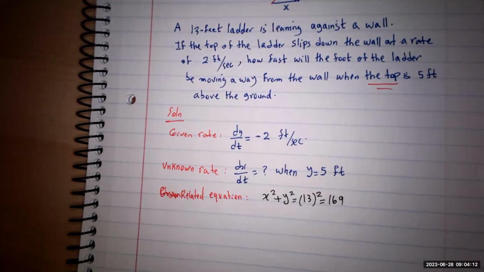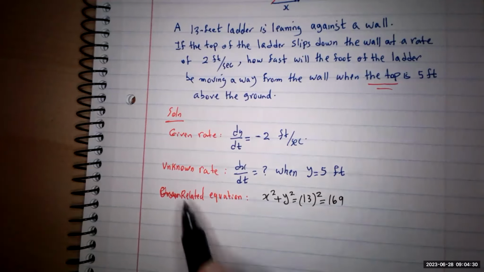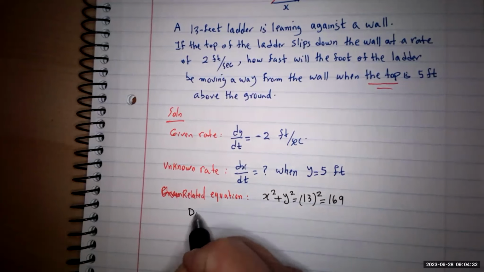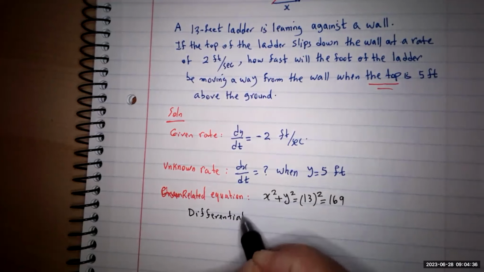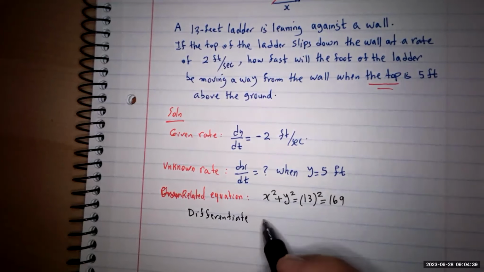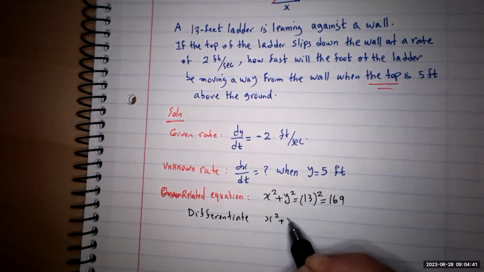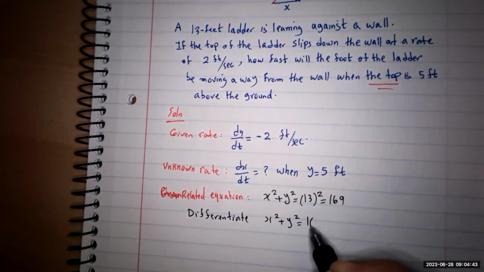So we are ready. What we are going to do is differentiate this one. Differentiate both sides with respect to t by applying the power rule, but multiply everything by its rate. Differentiate both sides of x squared plus y squared equals 169.